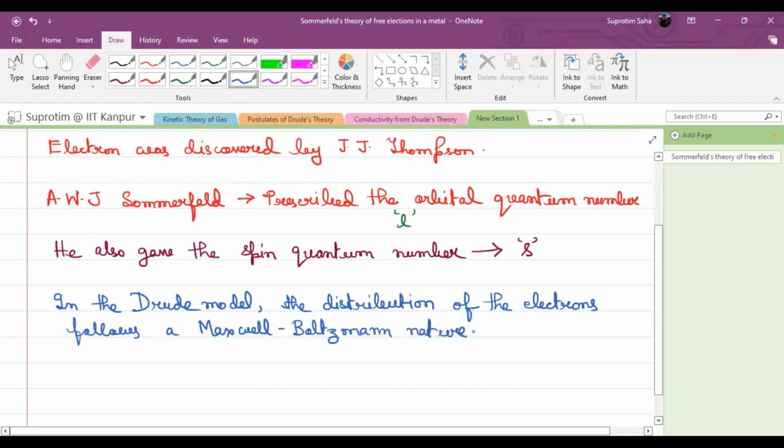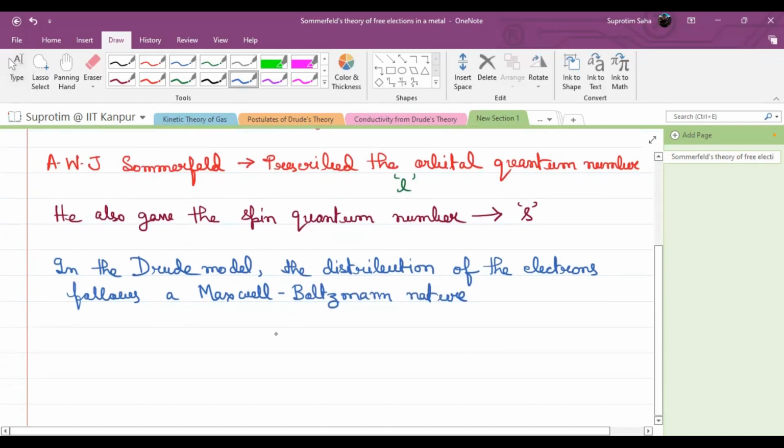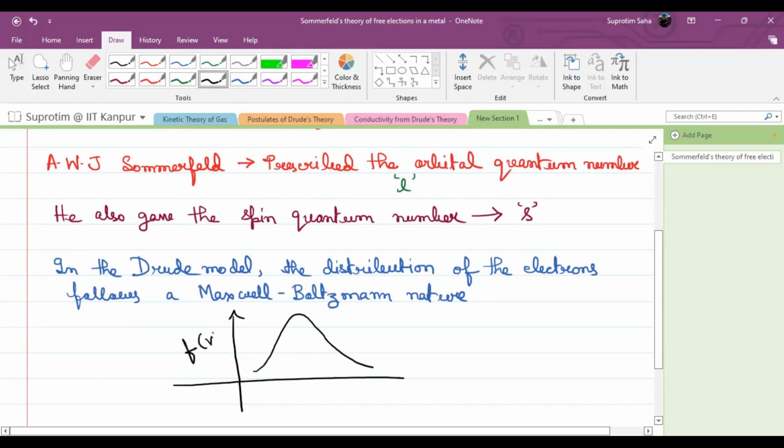So the velocity distribution, or number distribution, is like this. Let me draw a graph of how it behaved. This is your f of p. This is your Maxwell-Boltzmann distribution.